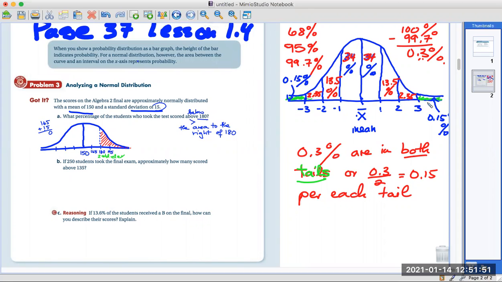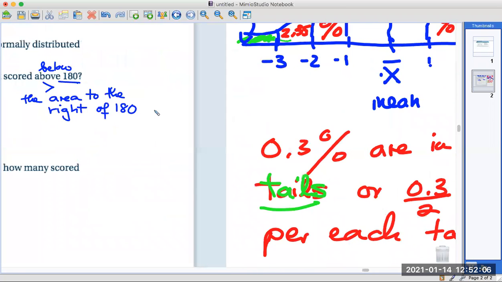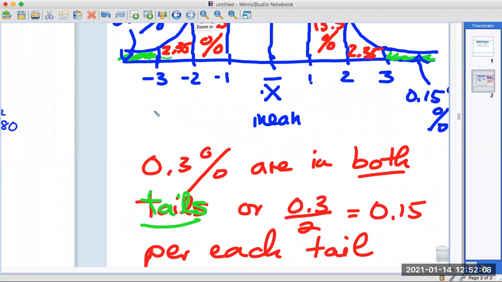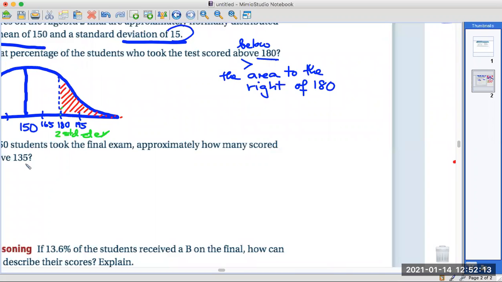So we have 2.35 plus 0.15. We've got that part where my cursor is and the green part. I'm going to add those up. 2.35 plus, is it 0.15?